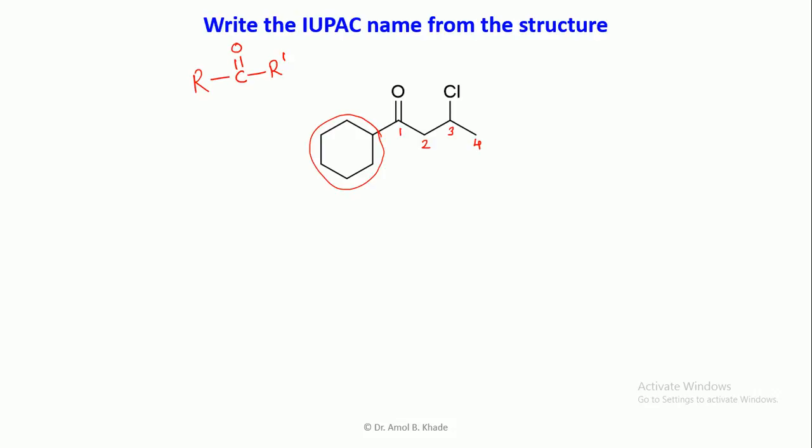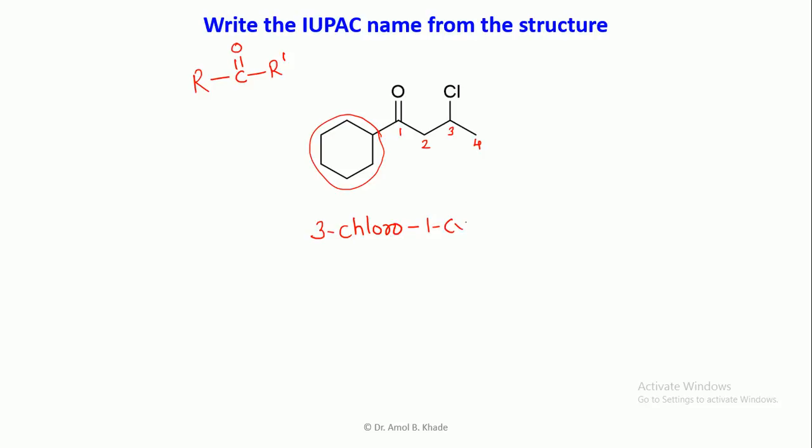So we have to take the chloro first as per the alphabetical order. So it will be 3-chloro, then we can put again hyphen or dash, and we can indicate at what carbon it has a keto group. So it will be 1 dash. Then first we will complete the cyclohexane as a substituent.